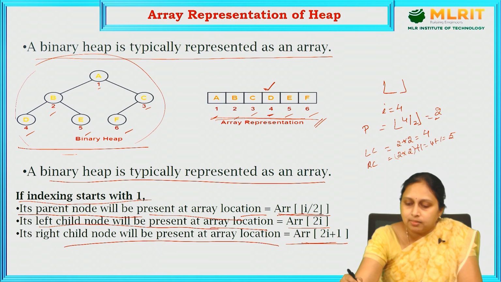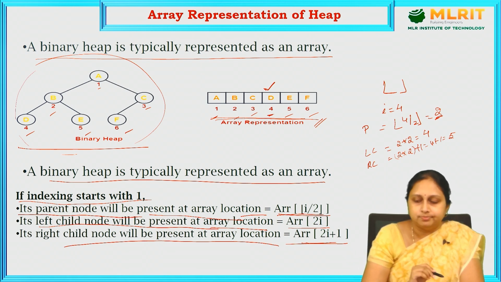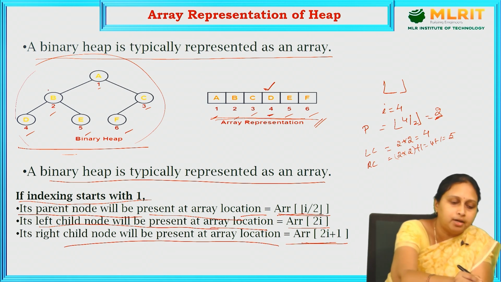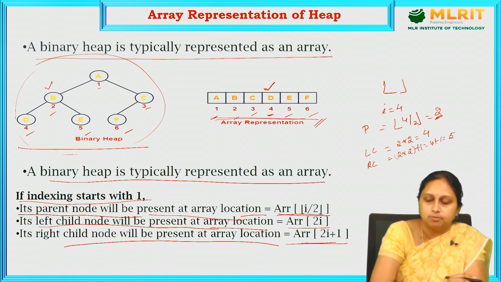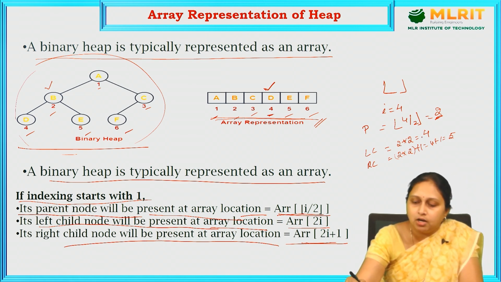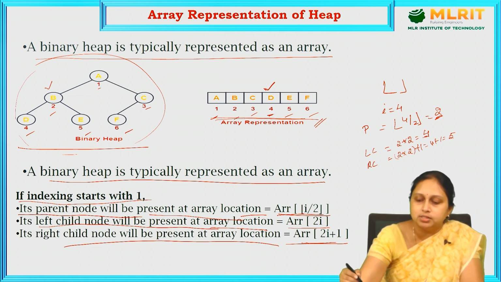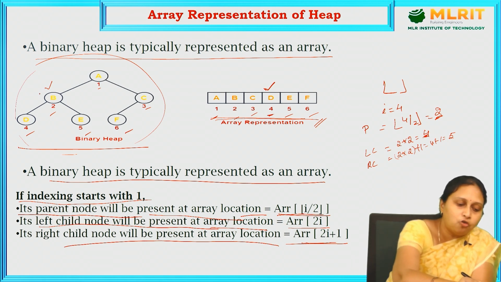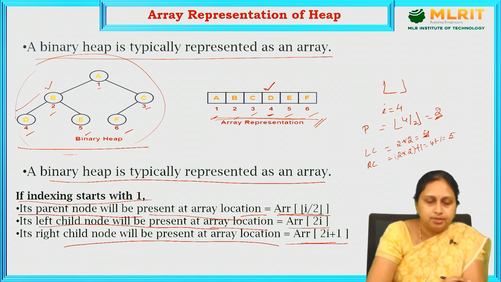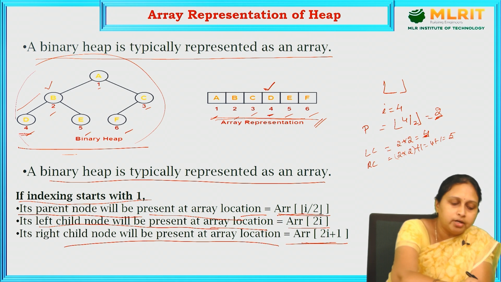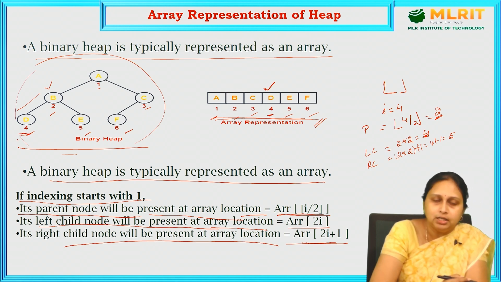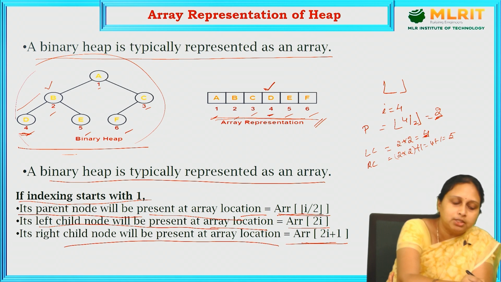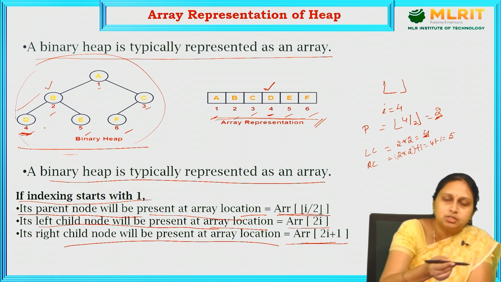2 is nothing but the parent node. Yes, B is the parent node. And left child of it, what is the index it is representing? 4. Left child of B is D. That is 4. If I check with the 4 or D, based on the parent I can identify which is my left child, and which is the right child.